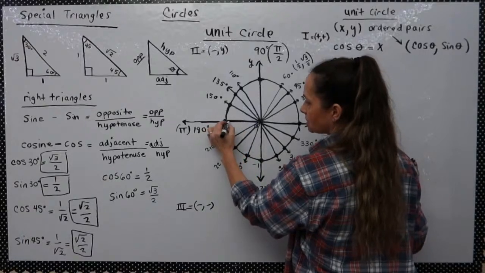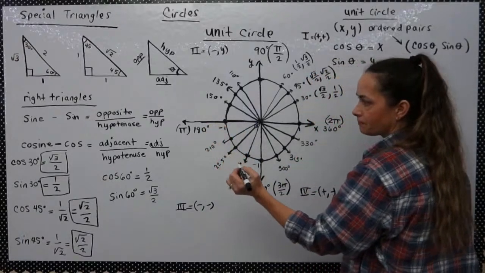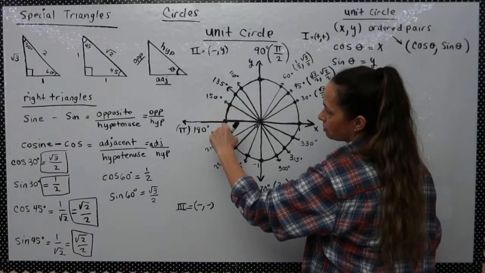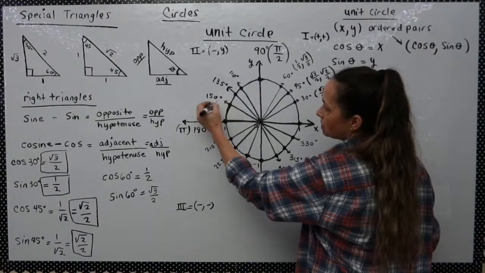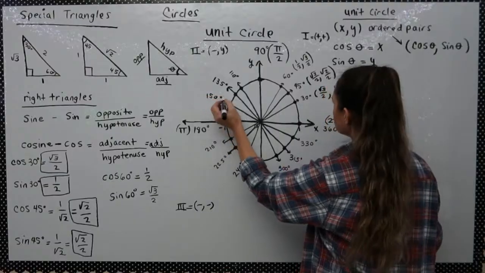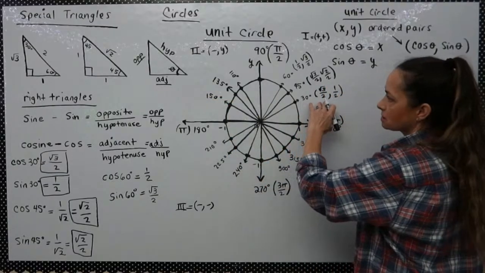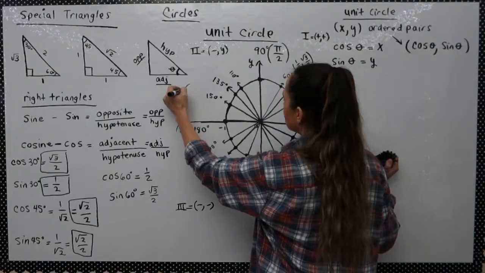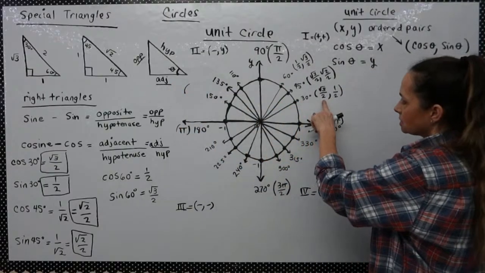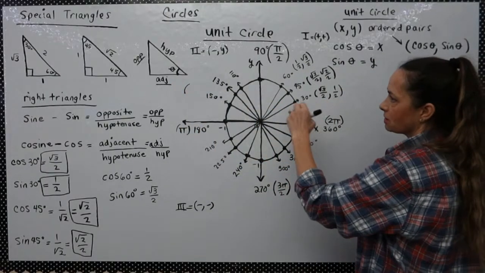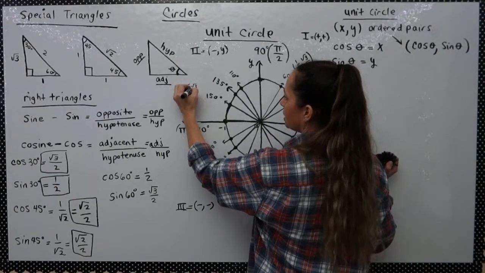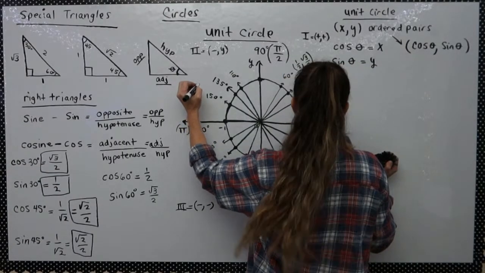You're always going to take from the x-axis whenever you're doing your reference angles. So 150 is going to correspond with 30 degrees. So this point right here is going to be, now all you're going to do is switch the sign of your x, and your y is still going to be positive. So this becomes negative radical 3 over 2, comma 1/2.